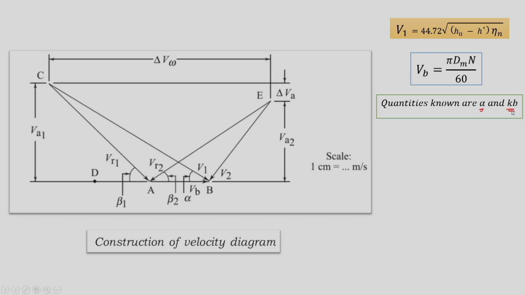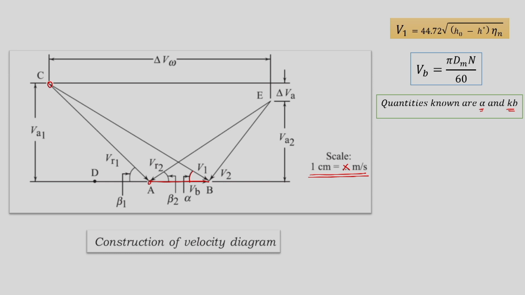So, what we would do is first draw line V1 and line Vb with an angle alpha in between them, where we would take a scale as 1 centimeter equal to some x amount of meter per second. We know V1 and Vb, so we will scale them down. First we will draw Vb as a horizontal line up to the scale, then we will make a second line with the angle alpha, and on that we will make the V1 magnitude. Then we will find this point C.